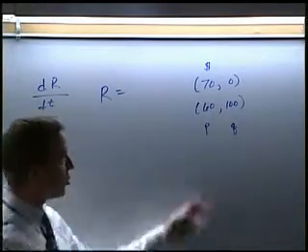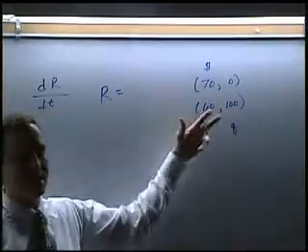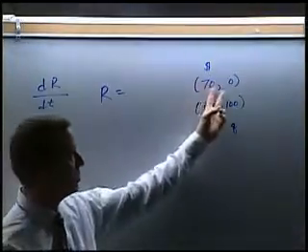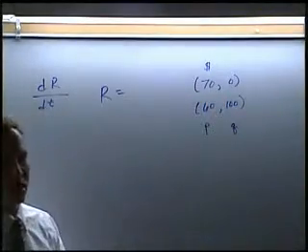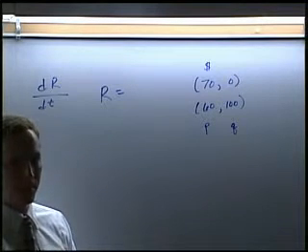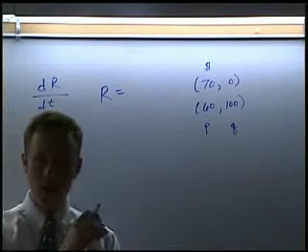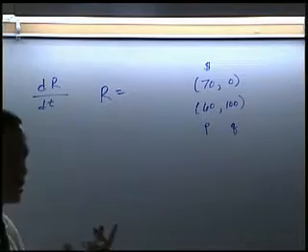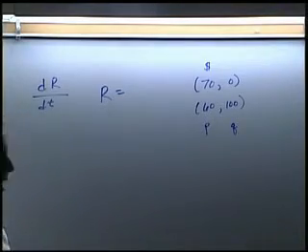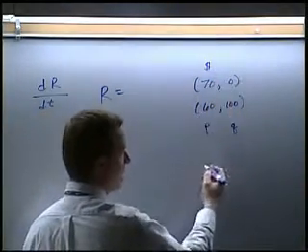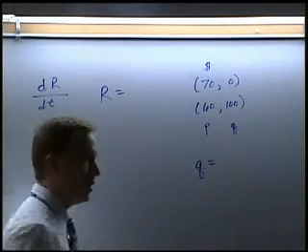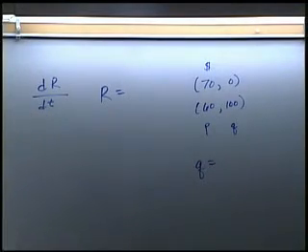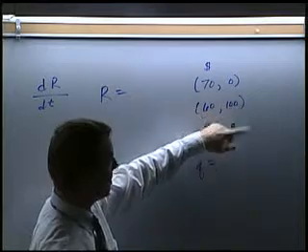Okay, so they want us to write a linear equation that relates these two ideas together. Okay, well, what are the two things I need to know to write a linear equation? Got to know a slope and I got to know a y-intercept, sure, or some other point on the graph, right? Okay, so let's go ahead and do that. Let's write this equation. Okay, Q equals, all right, now, what is my slope?